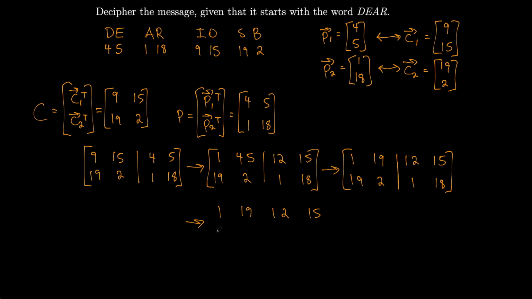On the bottom, we'll get 0 by subtracting 19 times the top row, but we'll also get negative 359, negative 227, and negative 267. So let's reduce those, modulo 26, and we'll keep the top row, 1, 19, 12, 15, and the bottom is 0, 5, 7, 19.